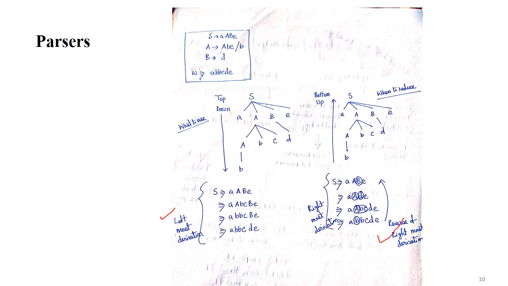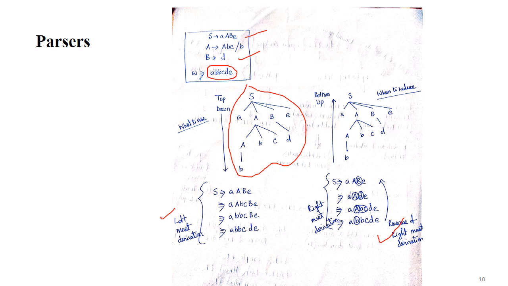Please remember, not rightmost derivation, but the reverse of rightmost derivation. Let's say I have a grammar S to AABE, A to ABC, A to B, and B to D. Now I am interested to generate ABBCDE using this grammar.